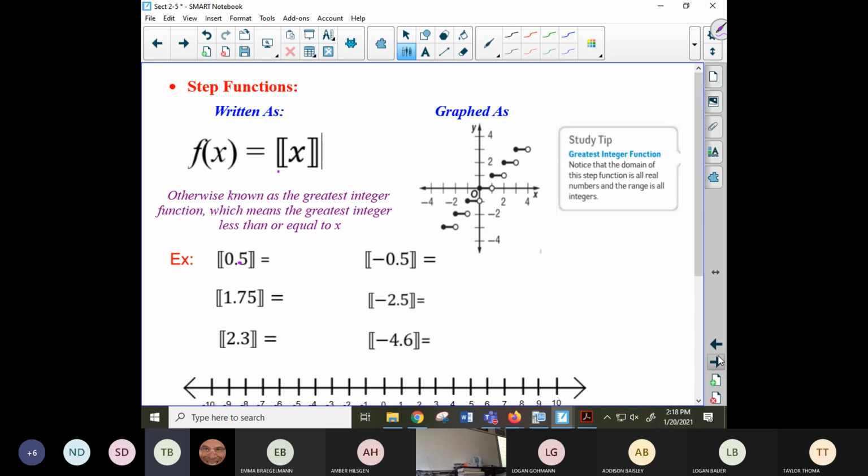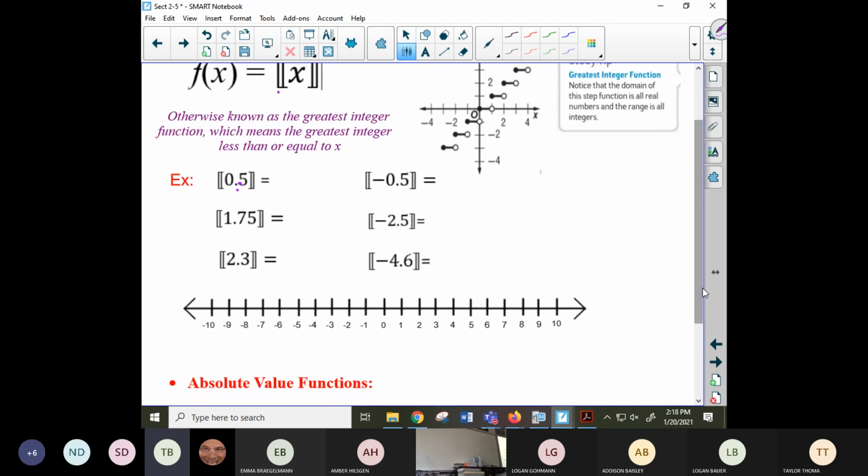What is the greatest integer that's less than 0.5? If we look on a number line, isn't 0.5 right here? So you're looking for what integer is less than that. Wouldn't it be 0? Do you get that? Okay.